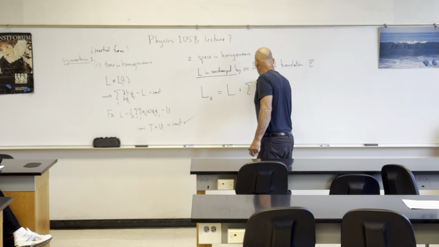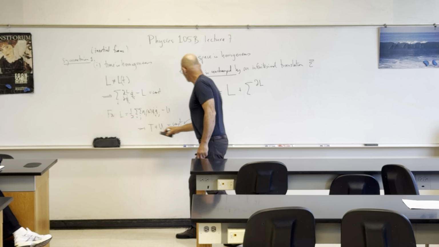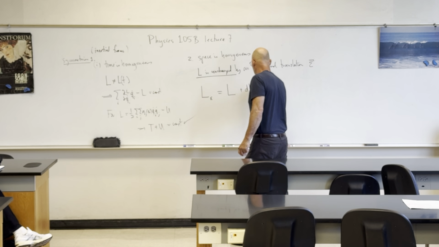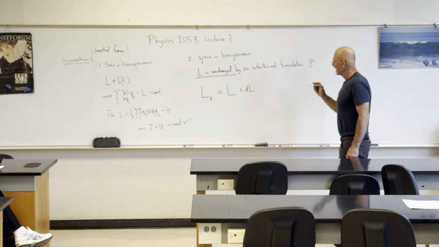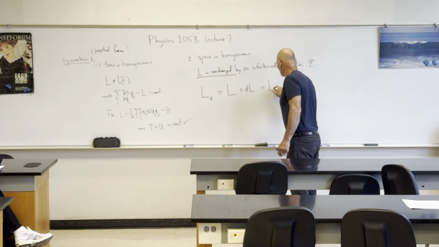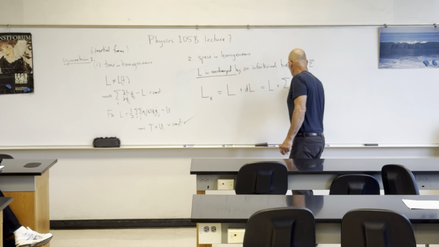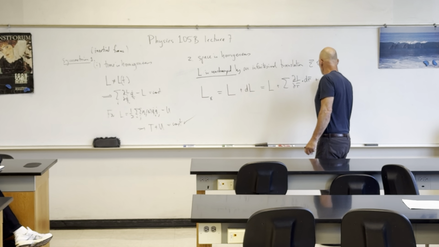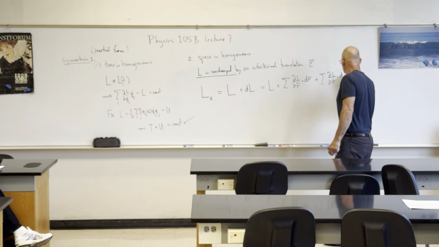Sum over I. So L sub epsilon is L plus delta L. And what that is going to be is L plus, think of Taylor expansions, the sum of partial L partial r_i dotted with delta r_i, plus the sum over partial L partial r_i dot times delta r_i dot.